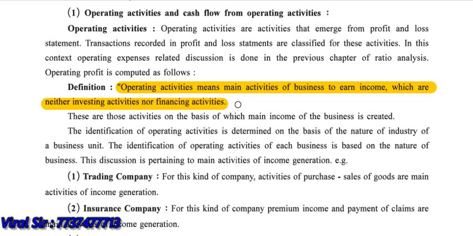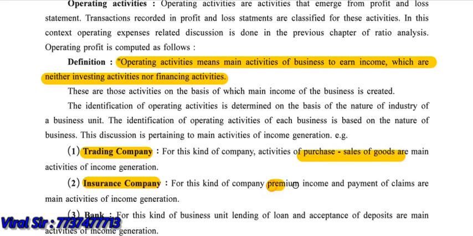Clear? Now there are two types of companies on the basis of their nature. One is known as trading company, the other is known as insurance company. For a trading company, the activities are purchase and sale of goods. These are the main, or we can say active, source of income generation. While for an insurance company, premium income and payment of claims are the main activities. Then comes the bank.